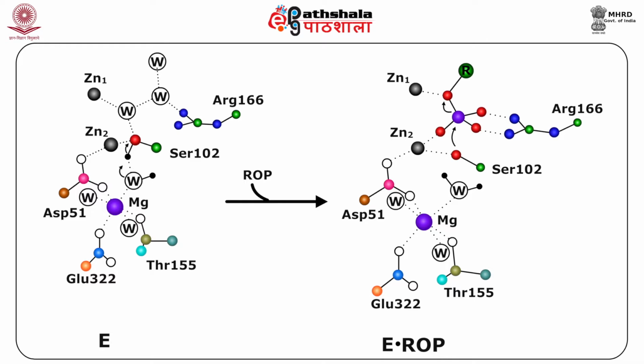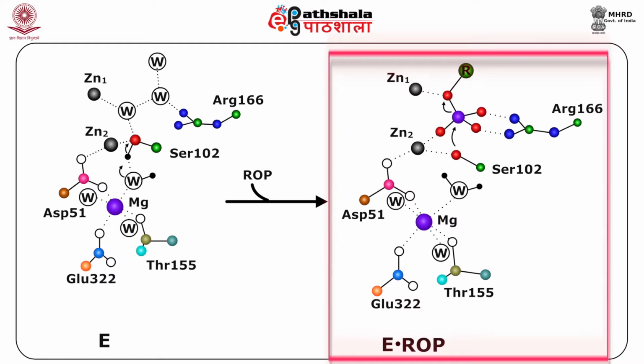One of the coordinated water molecules is at a distance of 4.7 angstrom from zinc 2 and 3.1 angstrom from serine 102. This water is coordinated as a hydroxide ion to magnesium and functions as a general base and accepts the proton from O gamma of serine 102.